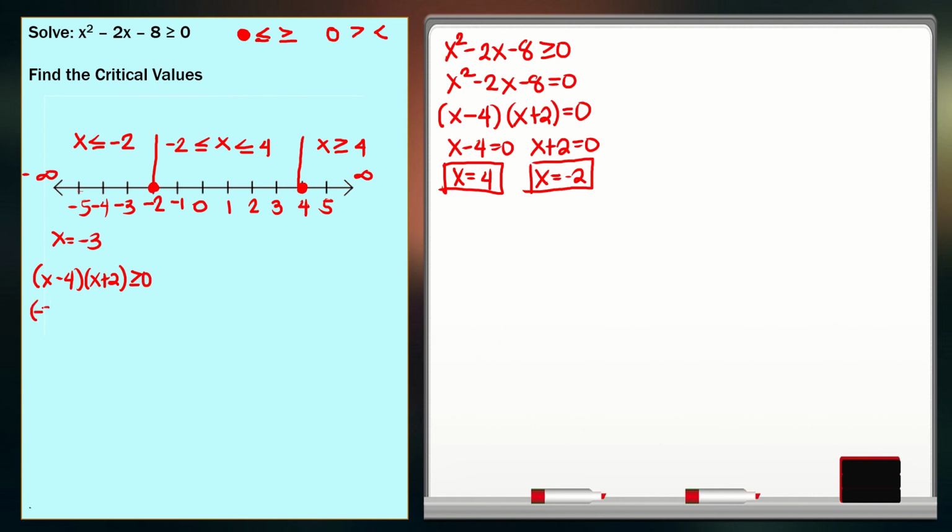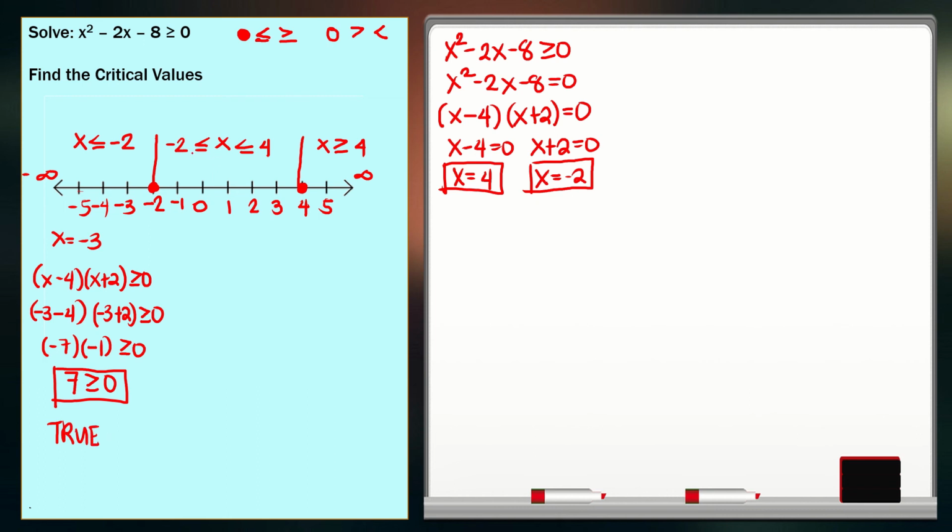So we have negative 3 minus 4 multiplied by negative 3 plus 2 is greater than or equal to 0. Negative 3 minus 4, we have negative 7, multiplied by negative 1. Negative 7 times negative 1 is 7, which is greater than or equal to 0. And that is true.